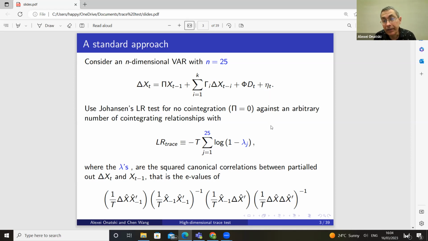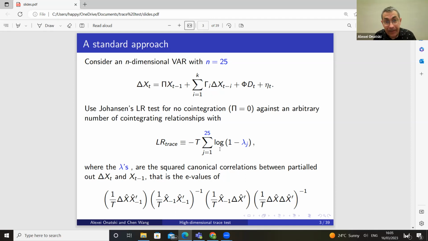Then you may use Johansen's likelihood ratio test for no cointegration, which is equivalent to testing that this matrix is equal to 0 against an arbitrary number of cointegrating relationships. It can be 1, it can be 2, it can be n, it doesn't matter. If you have this kind of null and this unrestricted alternative, then the likelihood ratio test, conditioning on initial observations, which Johansen described, has the form of the so-called trace statistic.